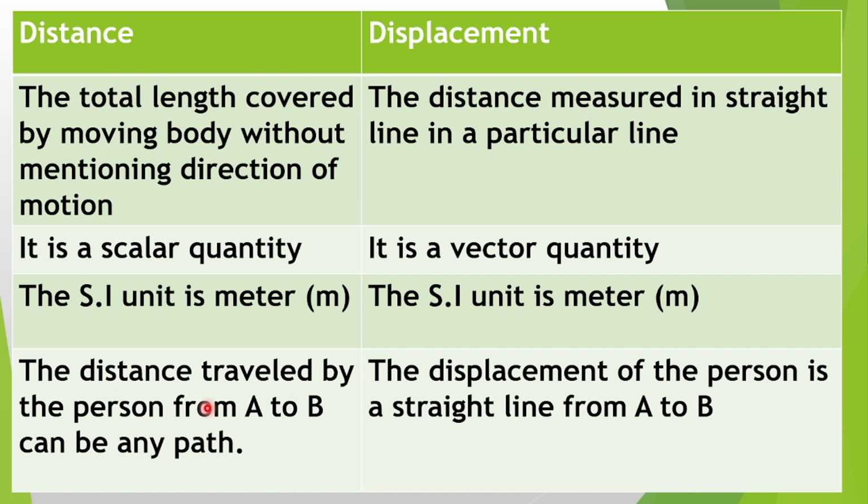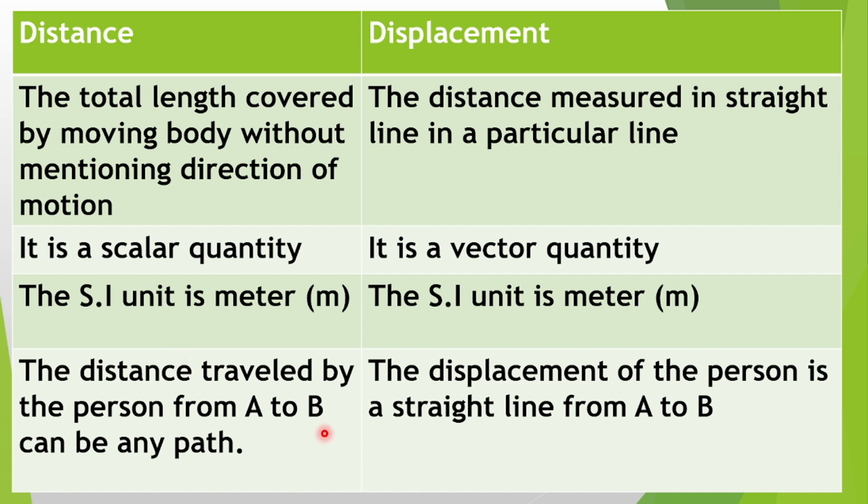The distance traveled by a person from A to B can be any path, but it must be the total path. So the total path may be more in measurement.